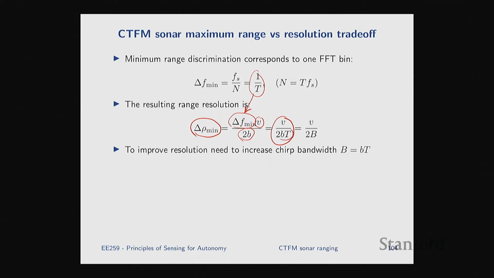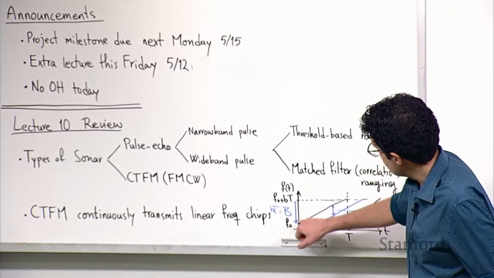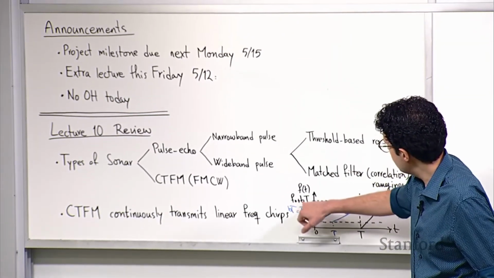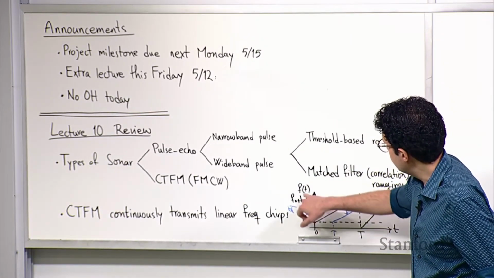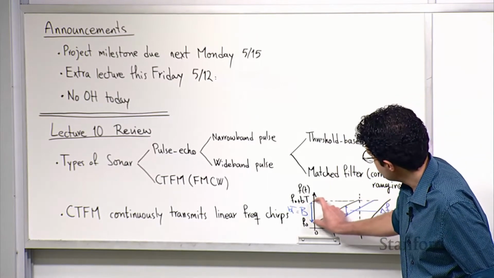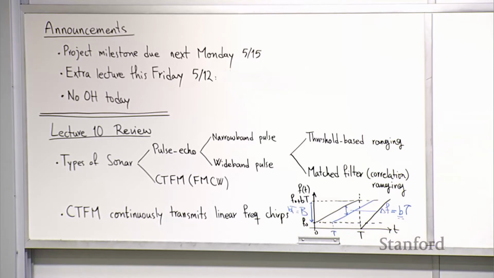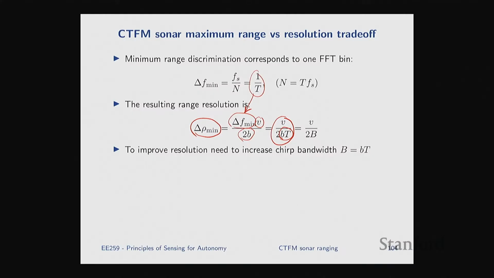Remember this B times T, if we go back to this picture we had here, slide it up. B times T is the total bandwidth we set of the chirp, right? Because we go from frequency F0 to F0 plus B times big T. And B times big T, that's the total spectral width of the chirp, or the total chirp bandwidth, okay?